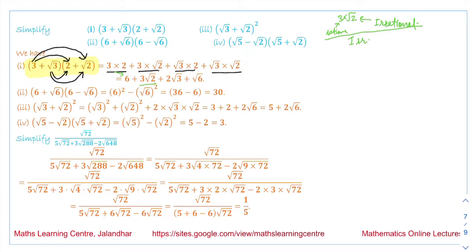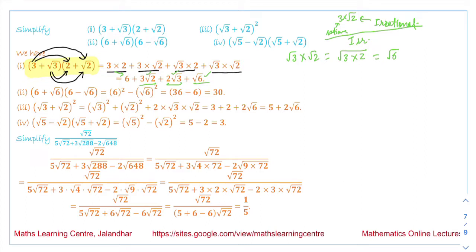Similarly, we write 2 square root 3, and last, square root 3 into square root 2. The answer is square root of 3 into 2, that is equal to square root of 6. So this is our answer. We cannot simplify it further, because here we have square root 2, square root 3 and square root 6. All these are different kinds of numbers, so these cannot be further simplified.